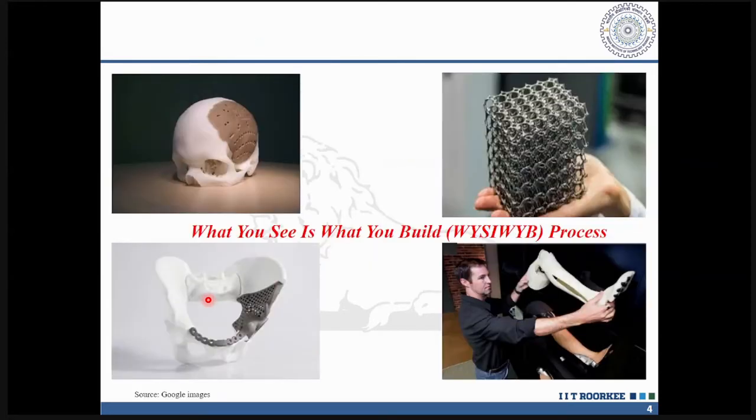This particular process is basically called the what you see is what you build process. So if you are seeing anything in this nature and you have the capability of converting that object into a soft model on a computer screen, then you can virtually prototype any particular thing in this world.